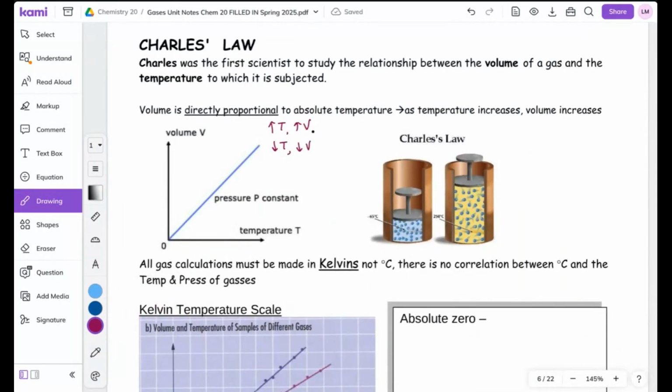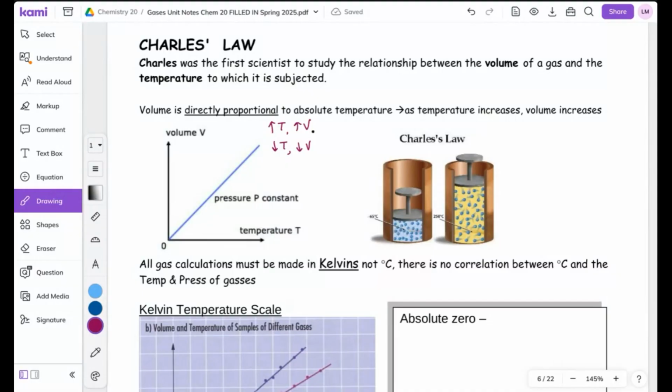So the key thing here, and this applies to Charles's law, but also with any calculation that we do in this unit, is that all calculations must be made with kelvins as your temperature unit and not degrees Celsius.